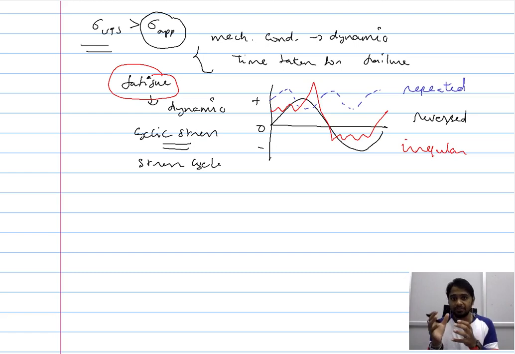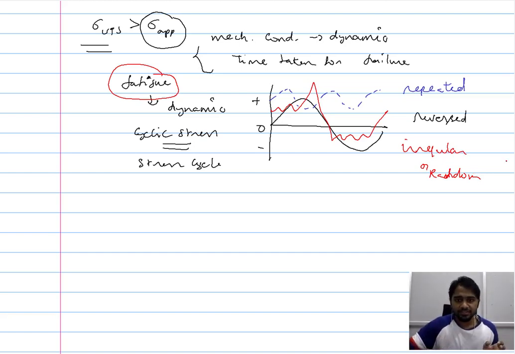The other is the reversed one, wherein there is a combination of tension and compression stresses. And finally, you have the irregular or random stress cycle, wherein you don't have a definite stress or the regularity you would see in the repeated or reversed condition.